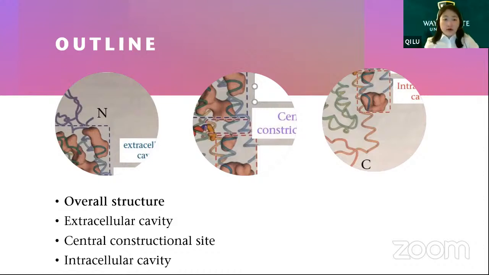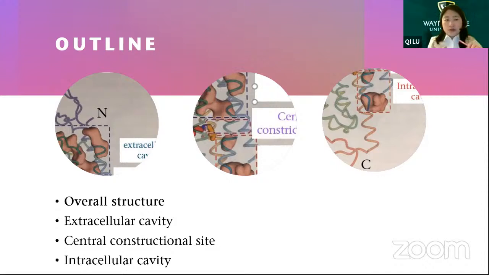Generally, the overall structure of the channel has 3 cavities. It has an extracellular cavity and a central constriction site, which is located with the Schiff base of the all-trans retinal. This site can be changed after the all-trans retinal catches a photon.